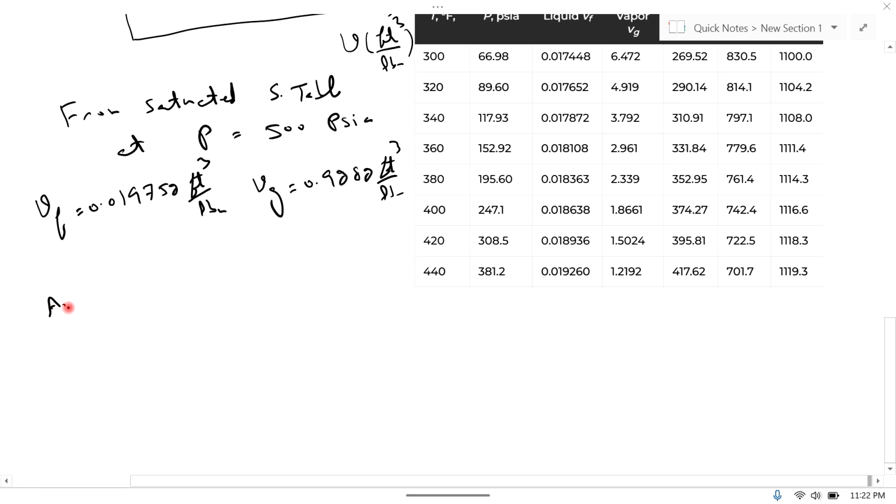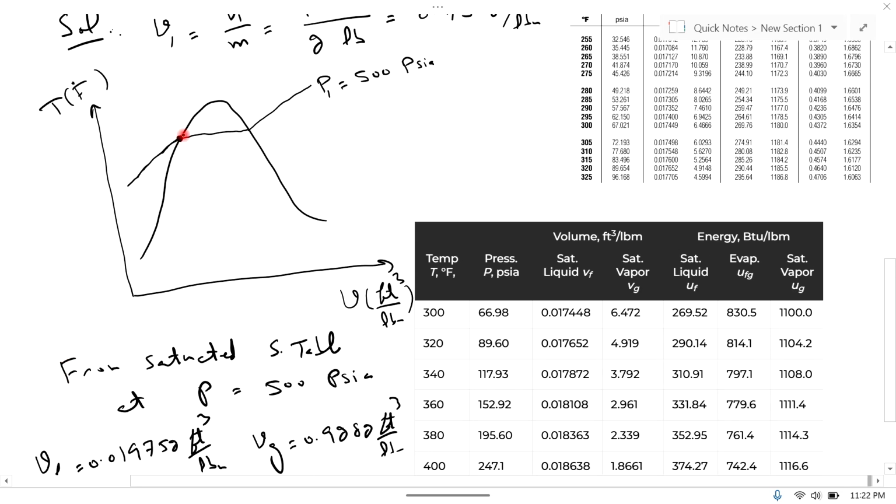So v1, equal to 0.75 cubic feet per pound mass, is greater than vf and less than vg. Vf is here; this point is vf, which is 0.019752. This point is vg, which is 0.9282.